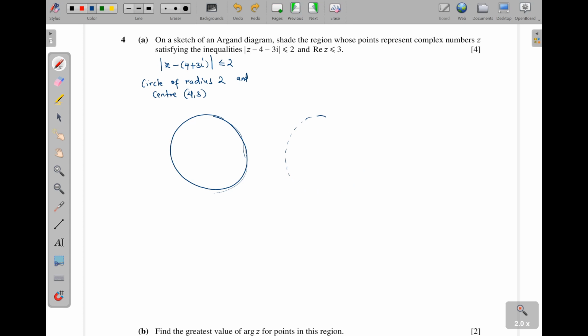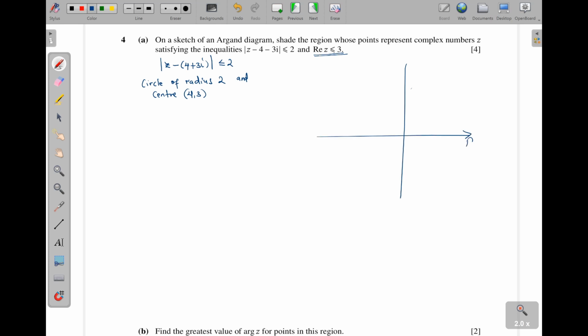Now, what else are we going to have? We are also going to have this other one here, the real part of z. Remember, when we draw our axes, this is the real axis, the x-axis, and this is the imaginary axis. Just like we do for x and y, the vertical lines are the lines written in terms of x is equal to something.